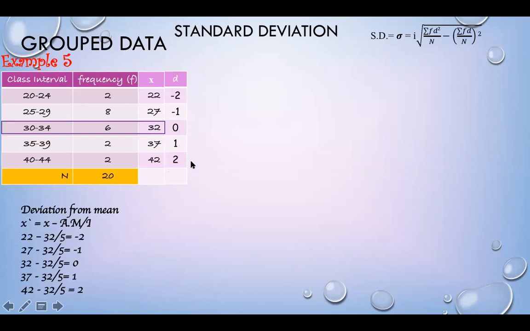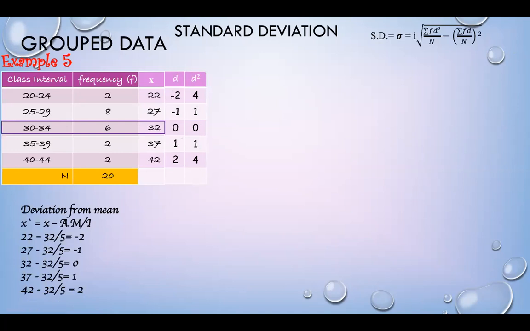Then for the formula we have to calculate the deviation square. It is 2 multiplied by 2, that is 4, minus multiplied by minus will be plus, so minus 1 multiplied by minus 1 is 1, 1 multiplied by 1 is 1, and 2 multiplied by 2 is 4, okay?